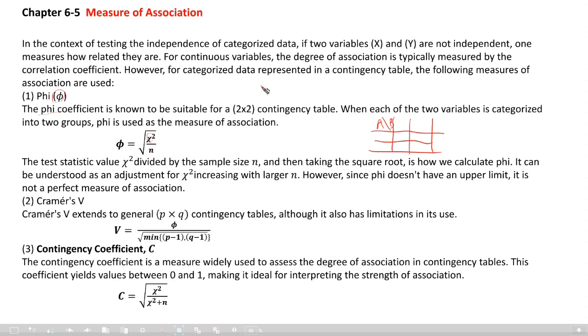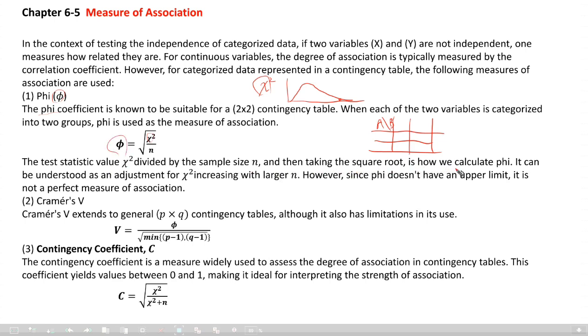So if the value of chi-square is very big, then what is that? You reject the null hypothesis that A and B are independent, because the value of chi-square is too big. The test statistic value chi-square divided by sample size n, and then taking the square root, that is phi.